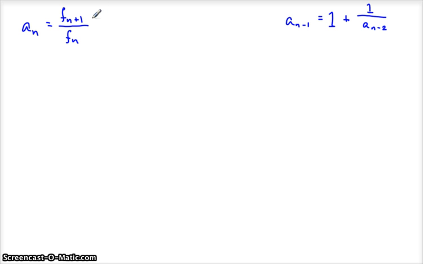Now, in order to do this proof, we're going to need some information from our last page, and in particular, our definition of f sub n. We said f sub n is equal to looking at the previous month and adding to it the month prior to that.